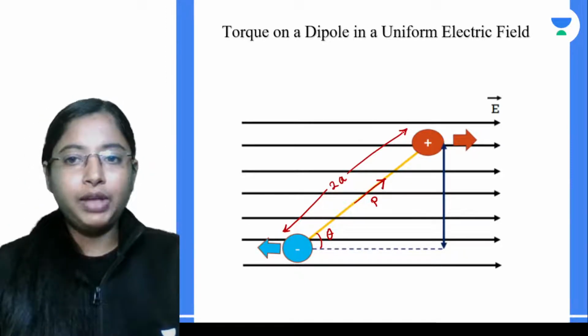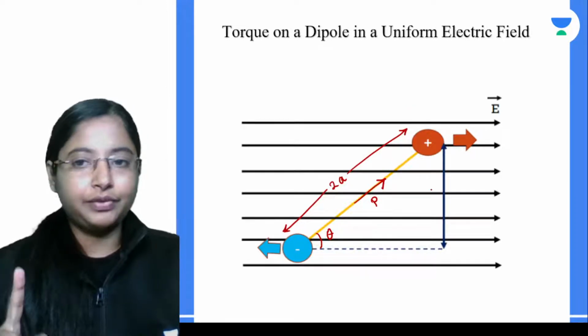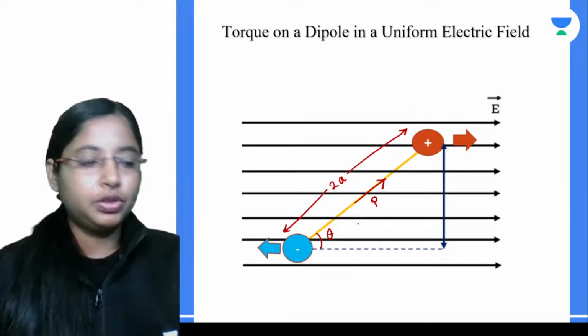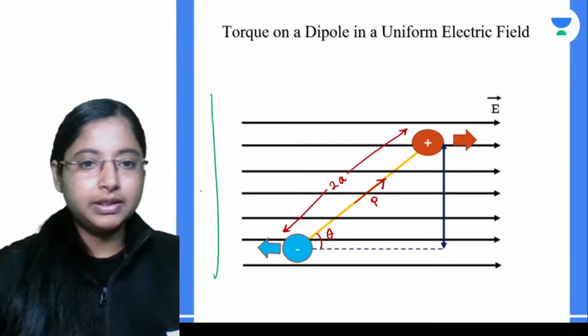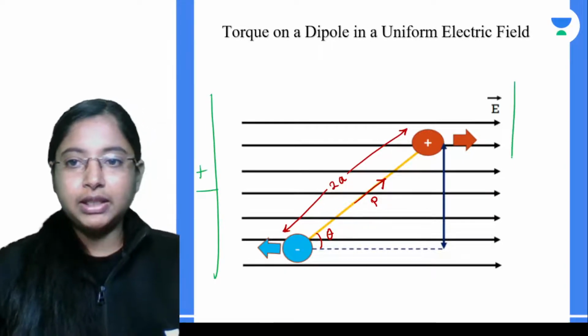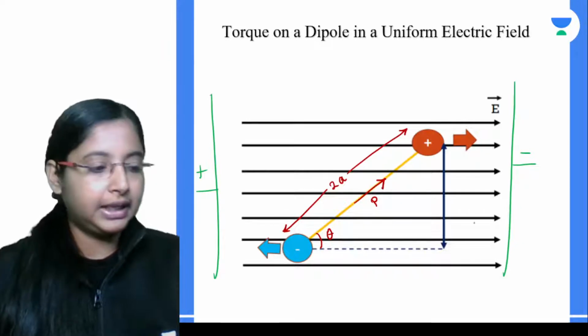Now what we have is two charges, and you place this dipole at an angle in this field. What would happen to this positive charge? We can understand this by taking this side as the positively charged plate and this side as the negatively charged plate. What will happen to a charge placed in an electric field?